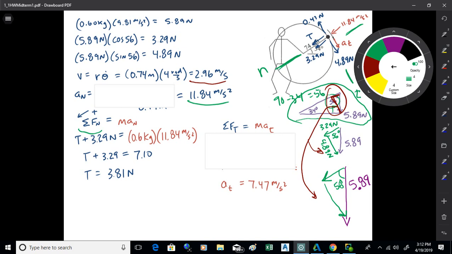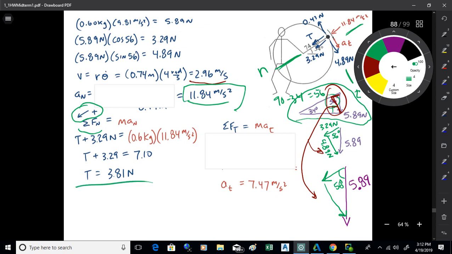Now I'm also being a little conscientious here to call out the positive direction down left. Everything's going that way, so I just figured I'd call it positive. In dynamics, I tend to do that more than I might in statics. So I got the tension plus that component of the weight, and that's just equal to the mass times the normal acceleration that I calculated up here. So I can back into the tension. It's 3.81. Okay.